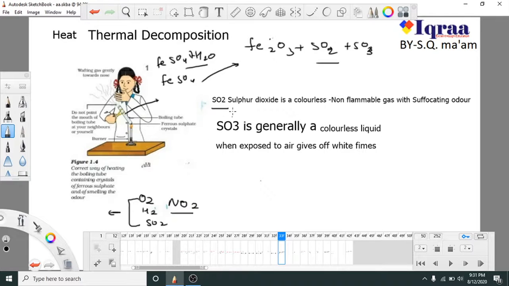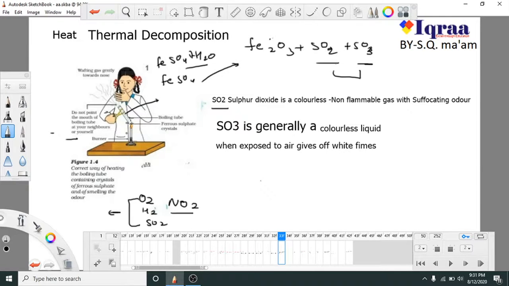Because there are many carcinogenic and toxic substances which can be formed. We are not very sure for a random reaction which products are going to form, but in this condition SO2 and SO3 are toxic gases and not good for us, so we have to keep our face away.